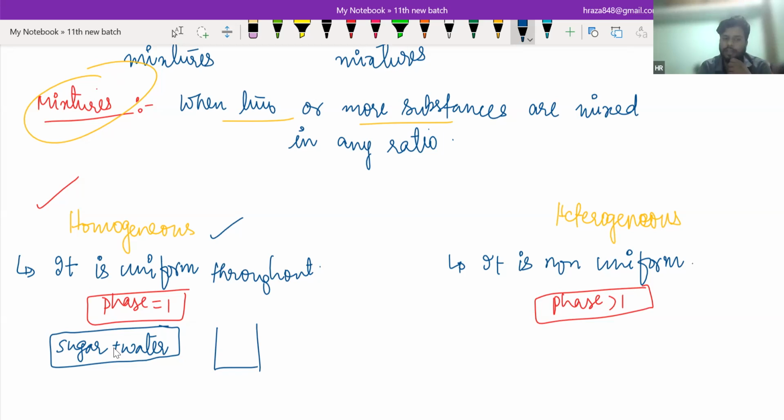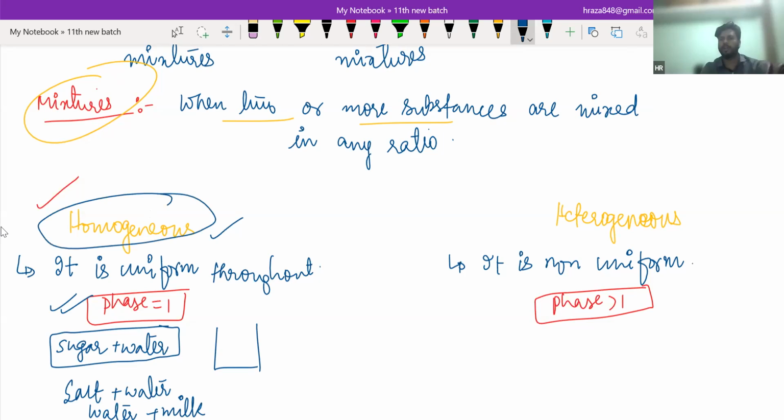It will look the same. If you add salt in water, you will see there is no change between the particles. You cannot differentiate physically where is salt and where is water. If you add water in milk, you will see only one phase from top to bottom. That type of mixture is called homogeneous mixture. Are you getting my point?